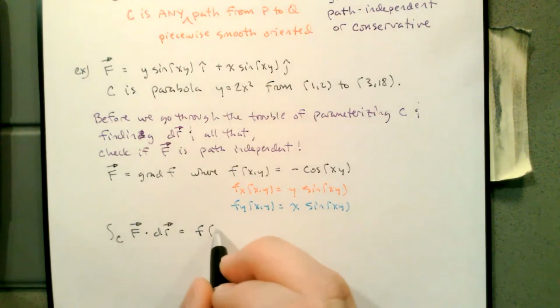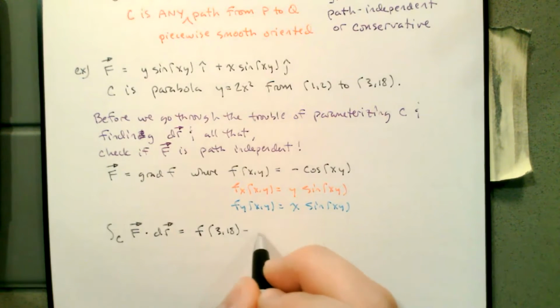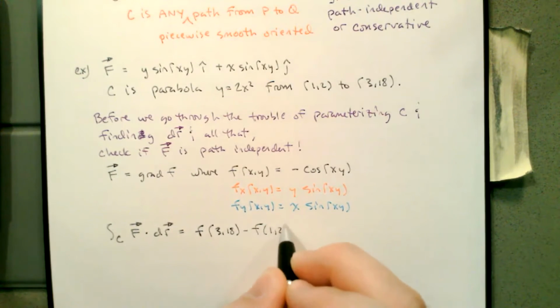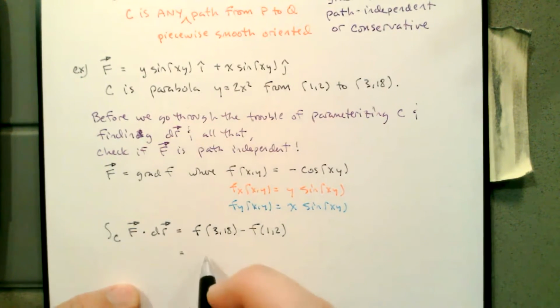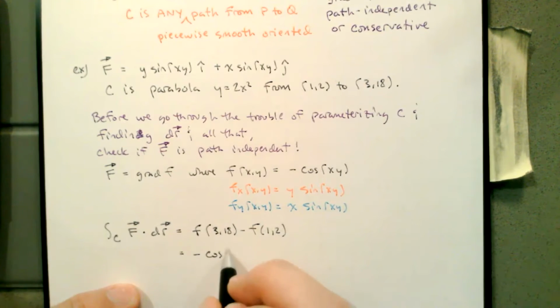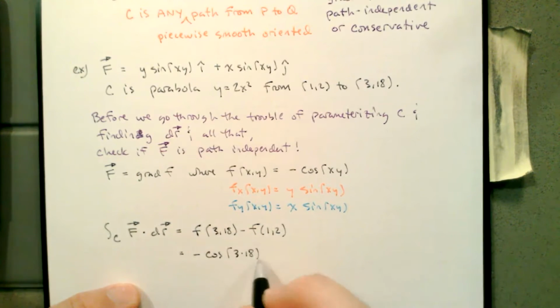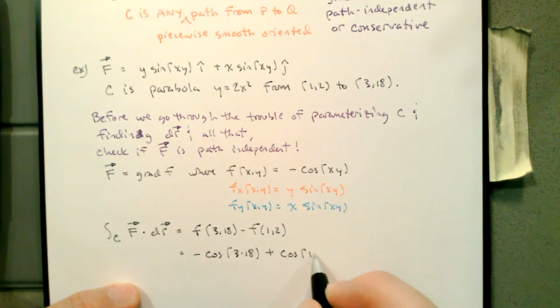So we'll take f at (3, 18) minus f at (1, 2). So we'll have minus cosine of 3 times 18 minus negative cosine of 1 times 2.